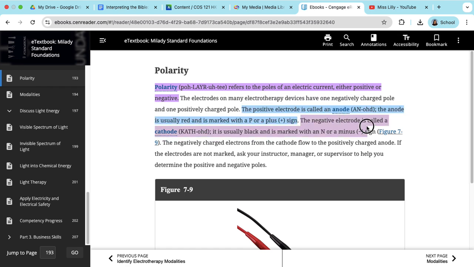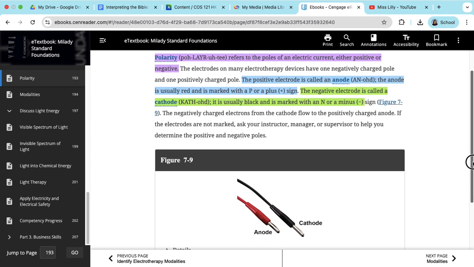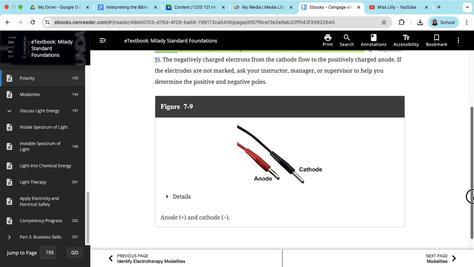The negative electrode is called a cathode. It is usually black and is marked N or with a minus sign. And here we see it, red anode, black cathode. Anode, red, plus sign. Cathode, black, minus sign.